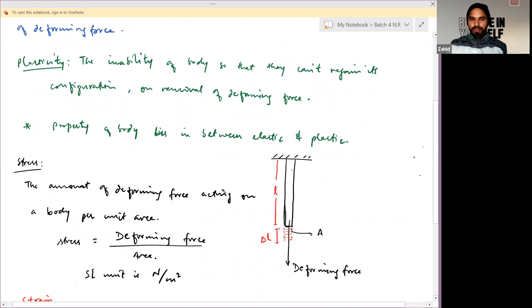Suppose you have a solid body and a force is applied on it to deform its shape. The amount of deforming force applied on the body per unit area is termed as stress.